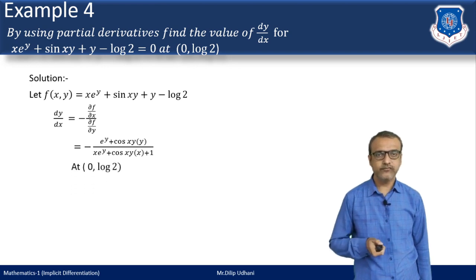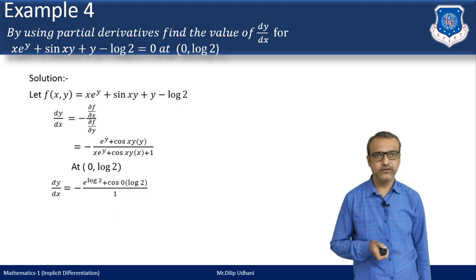Now we have to find dy by dx at point (0, log 2). So in dy by dx we replace x by 0 and y by log 2. It will become minus e raised to log 2 plus cos of 0 into log 2, divided by, for the first term, x into e raised to y.